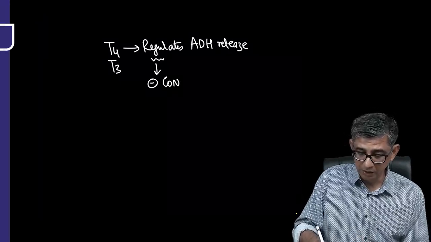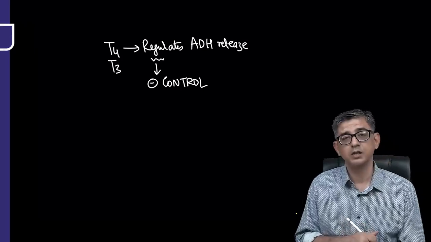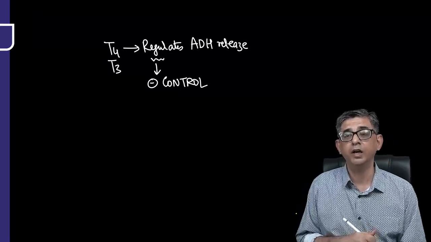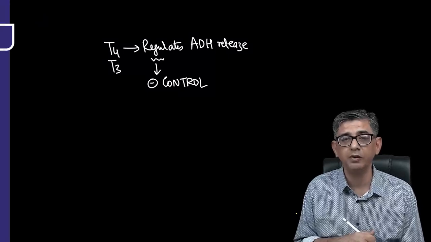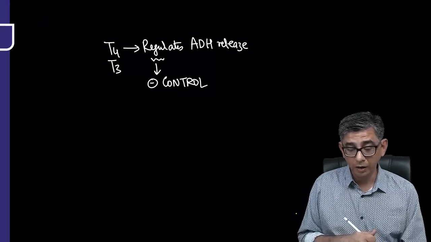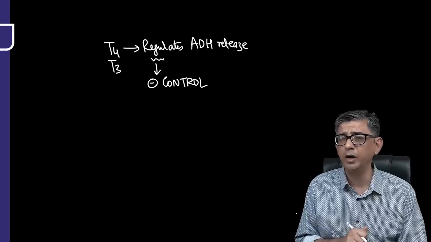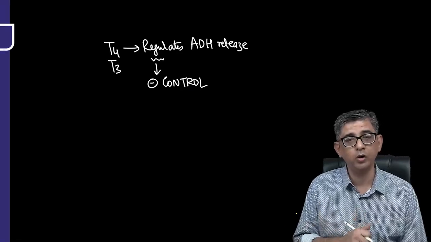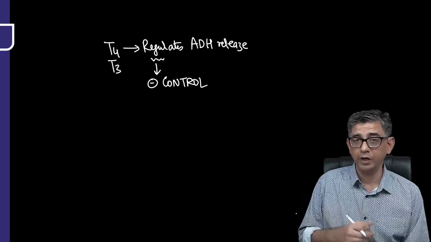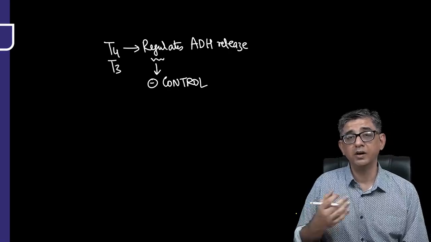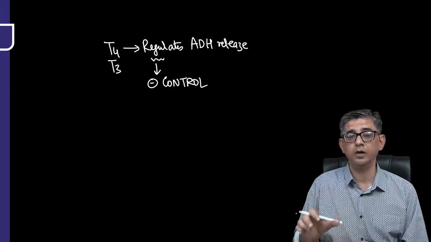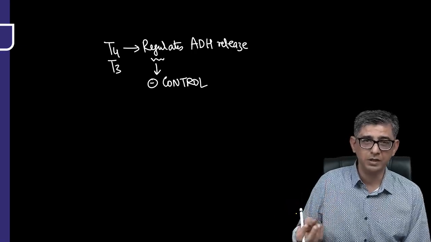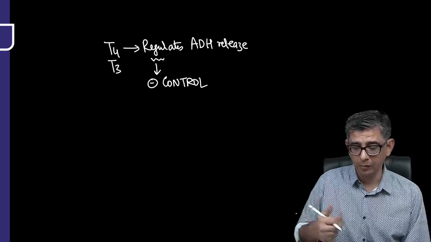Just like our brain has an inhibitory control over the muscles, similarly, thyroid hormones have an inhibitory control over the release of anti-diuretic hormone. If these hormones become less, then inhibitory control will be lost. If you lose inhibitory control, then antidiuretic hormone levels will increase, and that would explain why a person with hypothyroidism could develop SIADH-like manifestations and euvolemic hyponatremia.